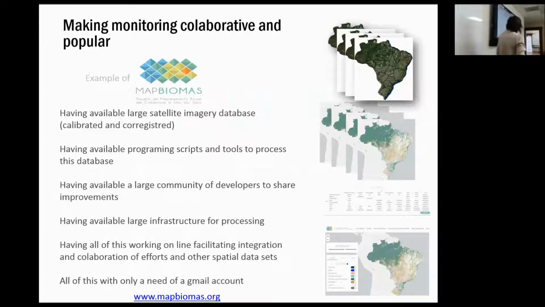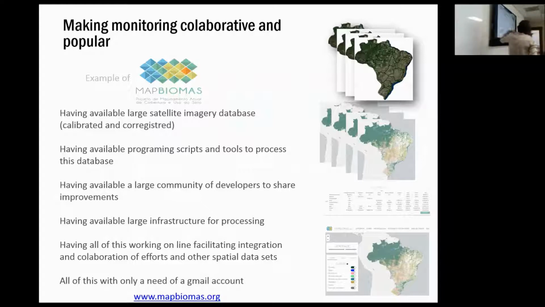So why I think MapBiomas is the new frontier is that it's an example that if you have a lot of data available, you can really take a lot of things out of it.